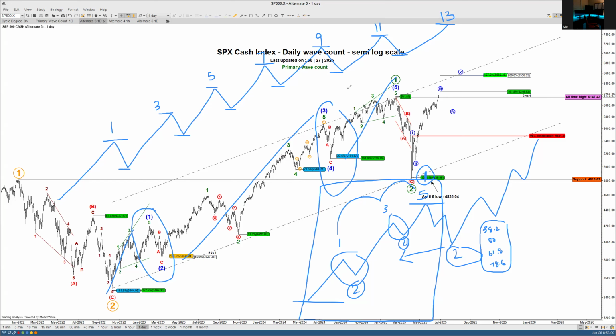This is Ralph Nelson Elliott: five waves up makes one higher degree, then it comes down in two, and from there he's looking for another five waves up.